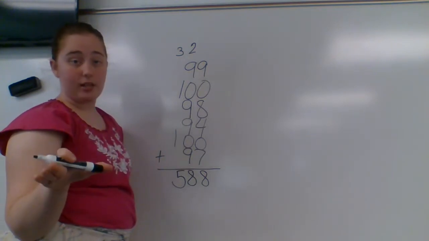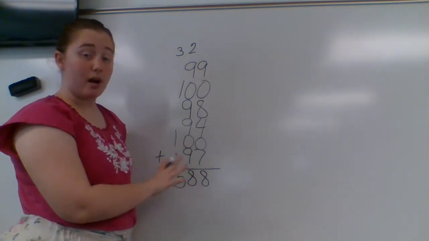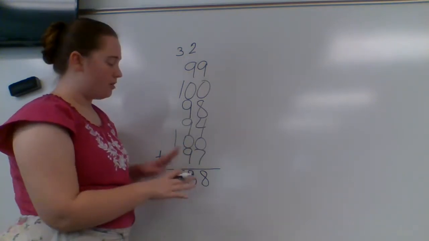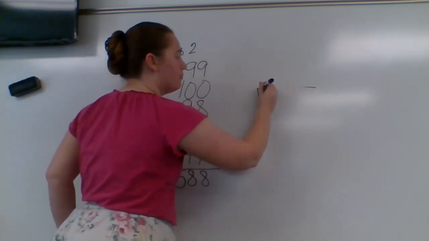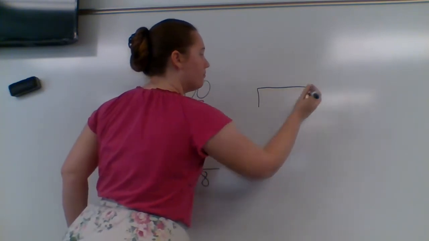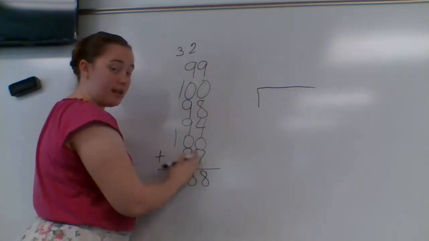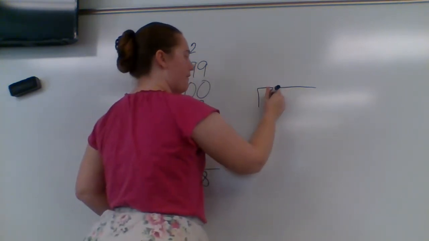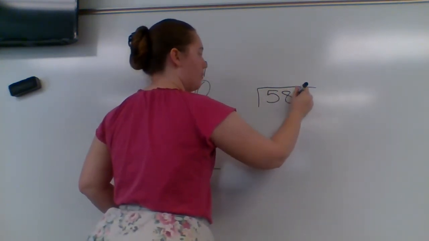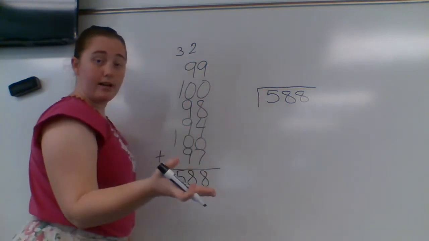You're not putting 588 in the blank because we're not done with this problem yet. We're averaging. So we have this 588. We need to write a division problem. Okay, and 588 is going to go inside my division. So we have 588 divided by what number?